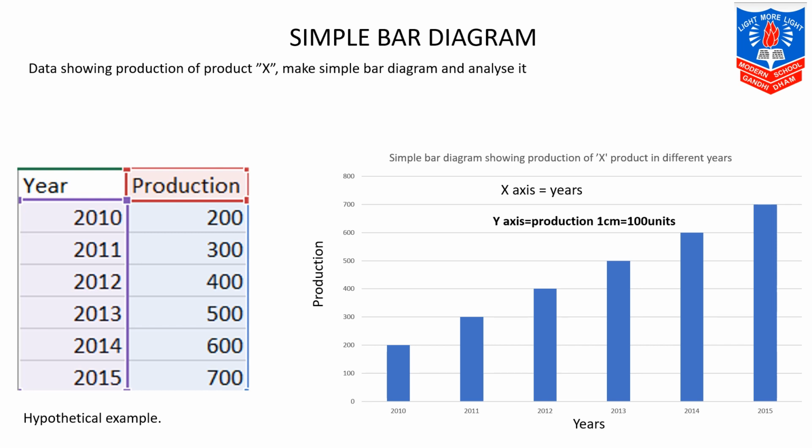So we can easily make a graph by taking a difference of 100 units. So the top one will be 700 or max till 800. This will make my diagram not that much big and not that much small.